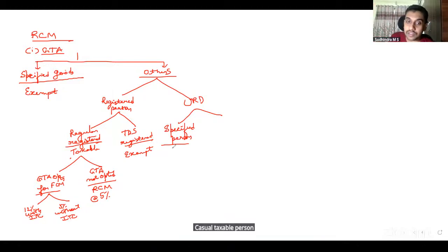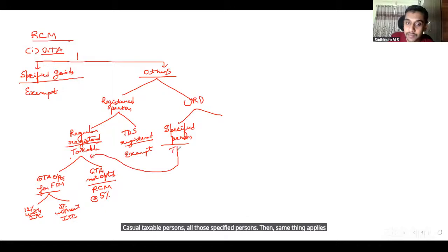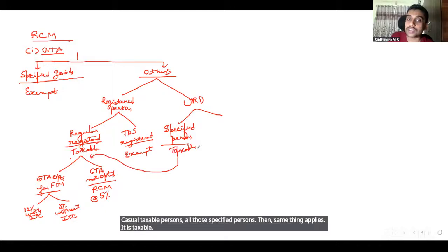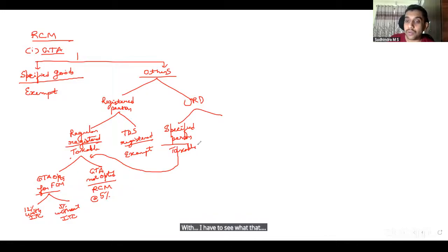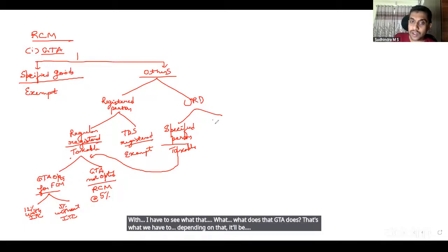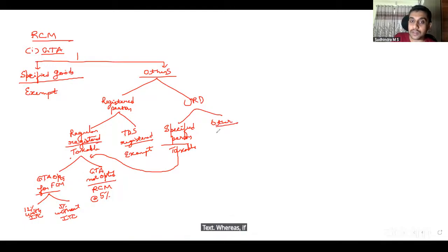For all those specified persons, the same thing applies. It is taxable, and I have to see what that GTA does; depending on that, it will be taxed, at 5% with ITC. Whereas if they are other than specified persons, exempt. This is about GTA.